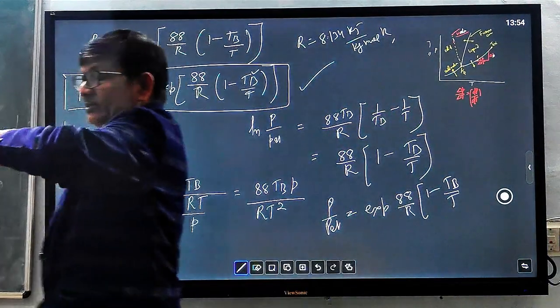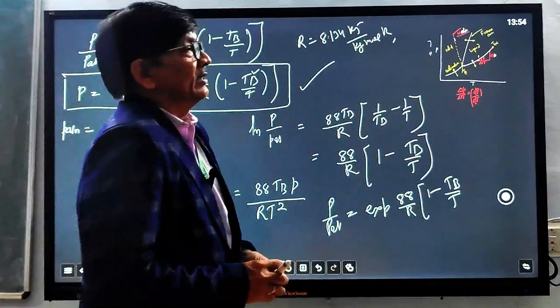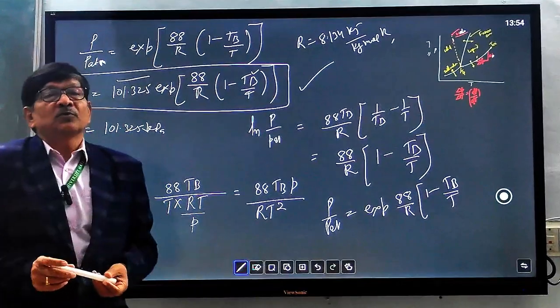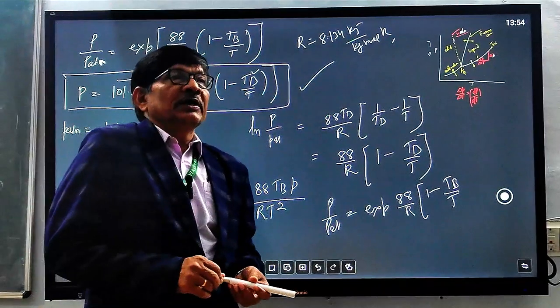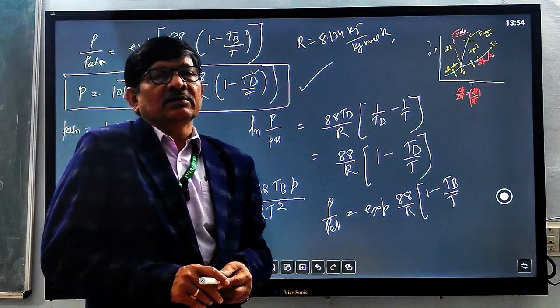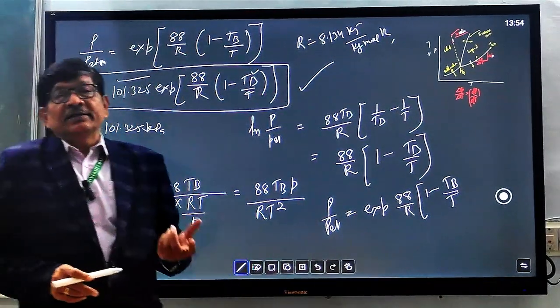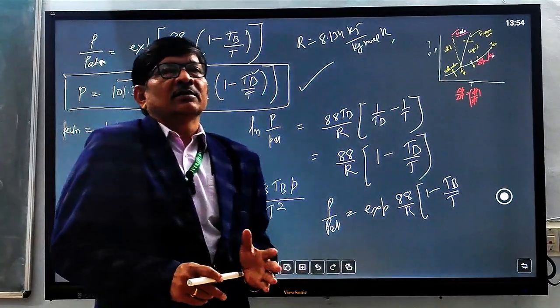So I think this is clear how we can use the Clausius Clapeyron equation for defining the slope of the vaporization curve, and which one has a more steep slope depending upon the latent heat. If the latent heat for sublimation is higher, then its slope will be higher than other curves.